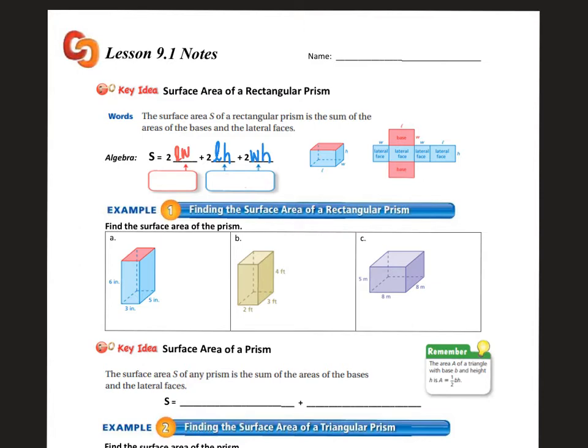If you're looking at this box on the right side, the length times width is going to be the area of the bases. And the other two, length times height and width times height, are going to be the areas of the lateral faces.